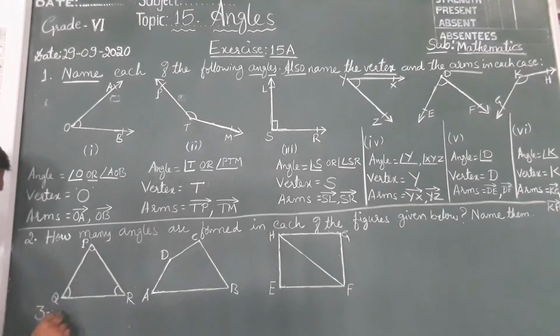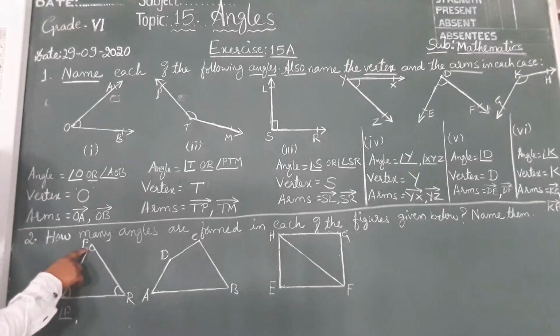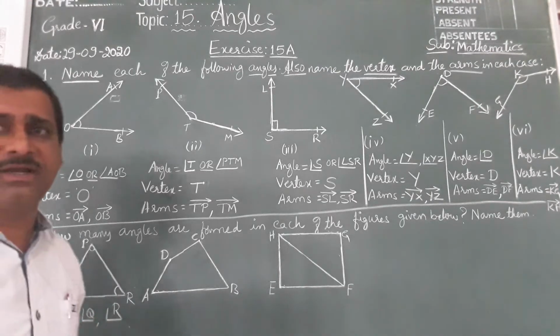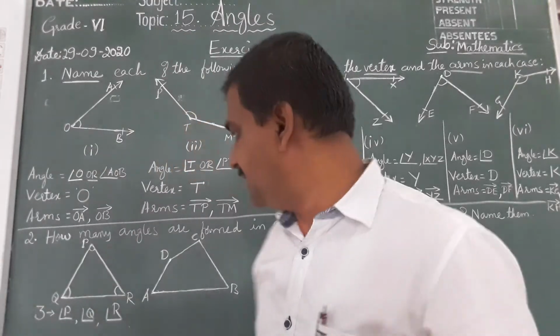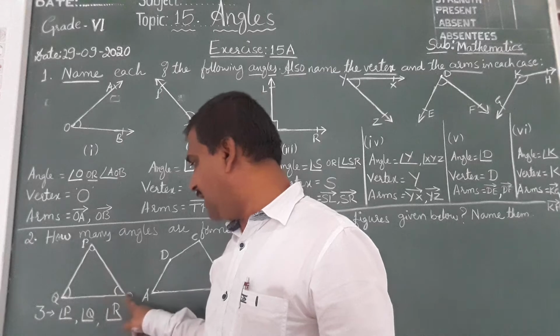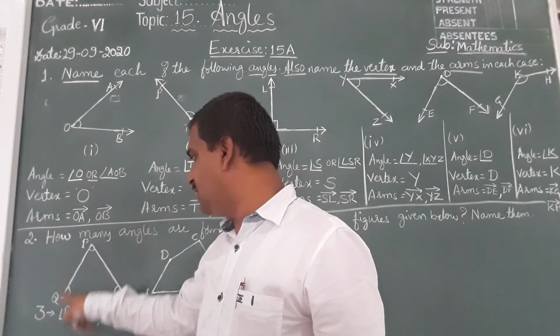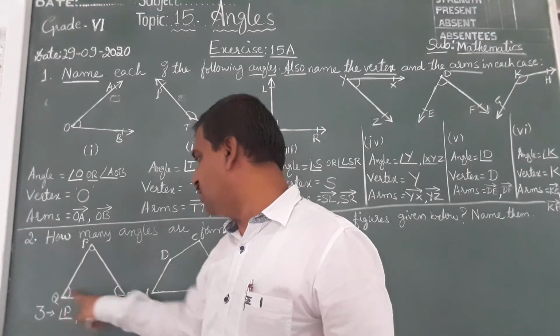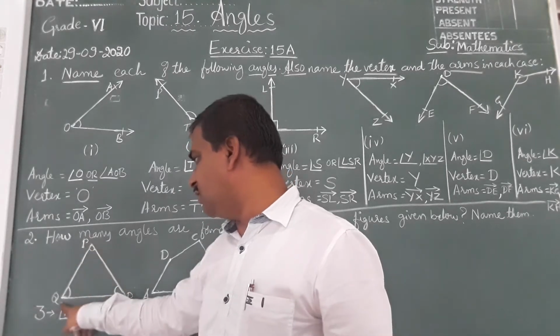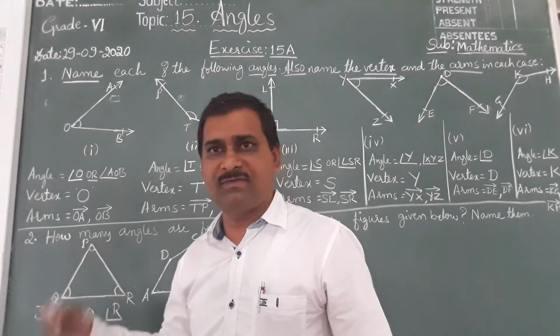One is angle P, angle Q, angle R. In the simple way you can write it like this. Or if you want to write in another form, P can be written as QPR or RPQ, Q can be written as PQR or RQP, R can be written as PRQ or QRP. In that way also you can write.